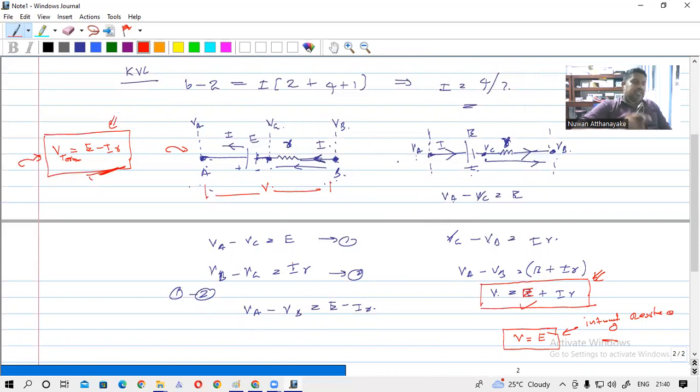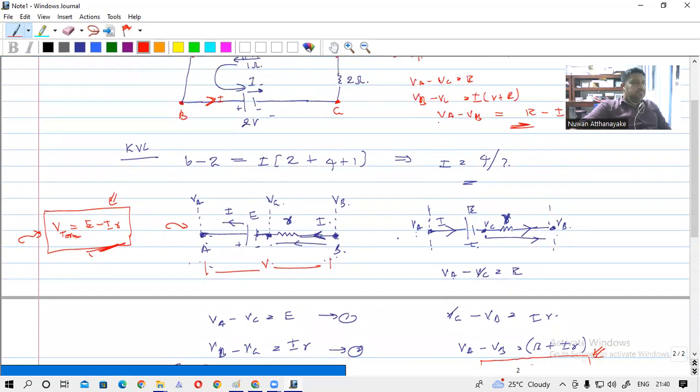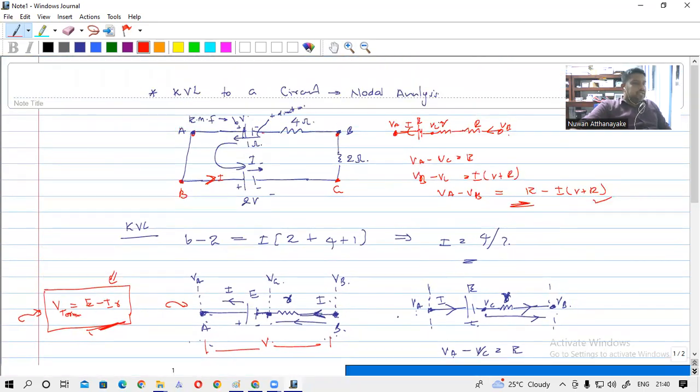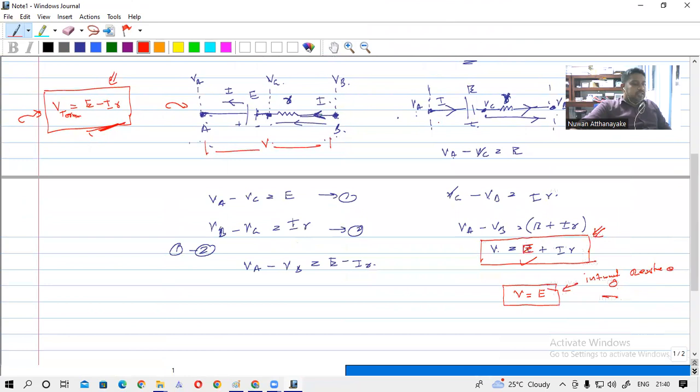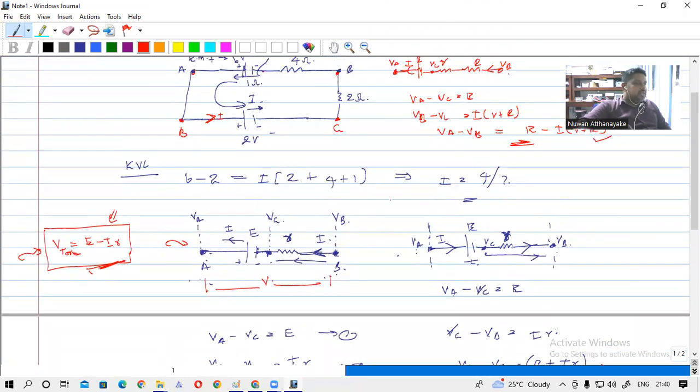So if you connect the battery between two terminals, the voltage will drop. So that is the practical scenario. So I think that is okay for you. So if you consider this one, the voltage between the B and C will be 12 volt again, because there is no internal resistance.